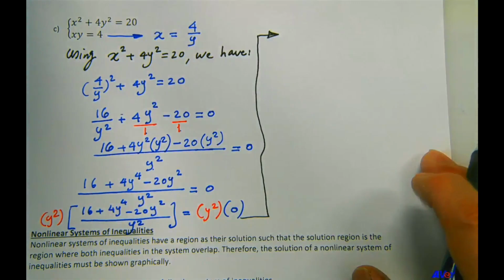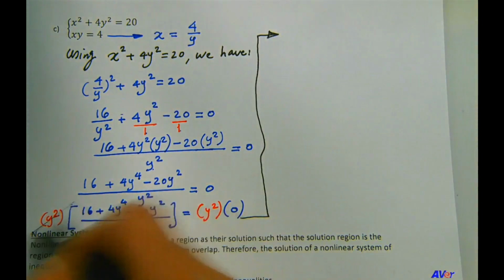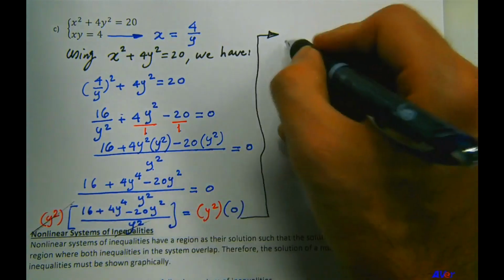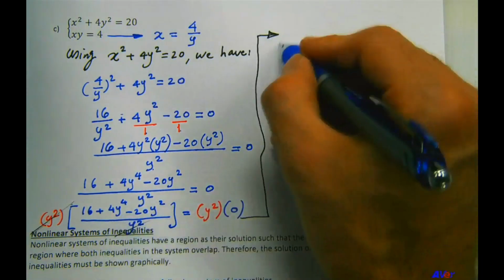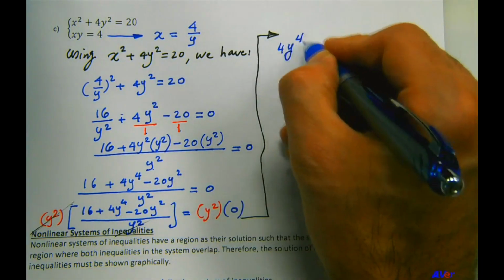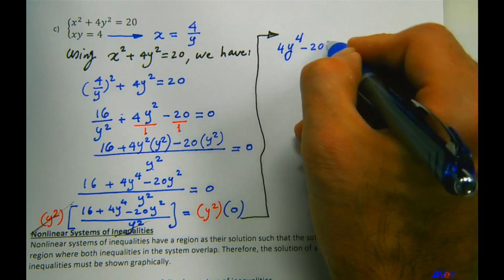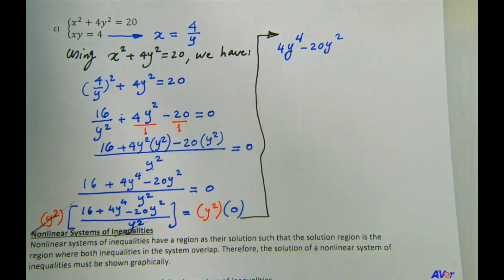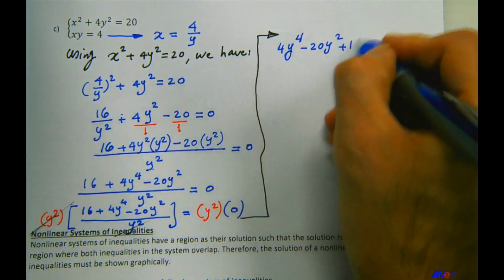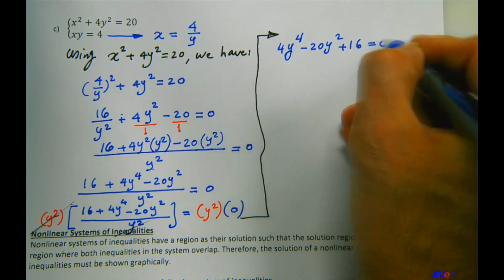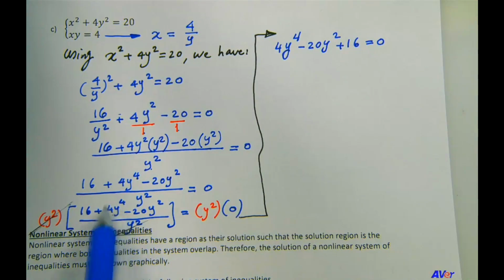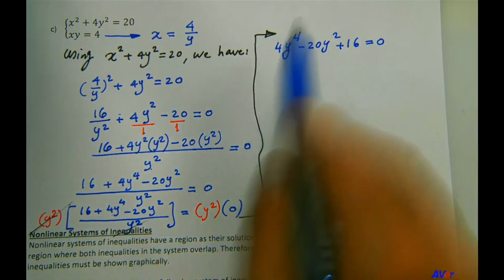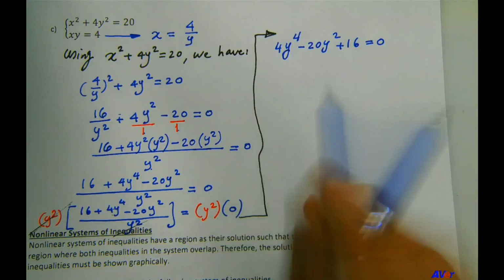Okay, so on the left, the y squared and y squared cancel out. We end up with, let's put this in order, 4y to the 4th minus 20y squared plus 16 equals 0. I just simplified on both sides, and I put this in descending order of powers of y. Okay? So y to the 4th, y squared, and that.